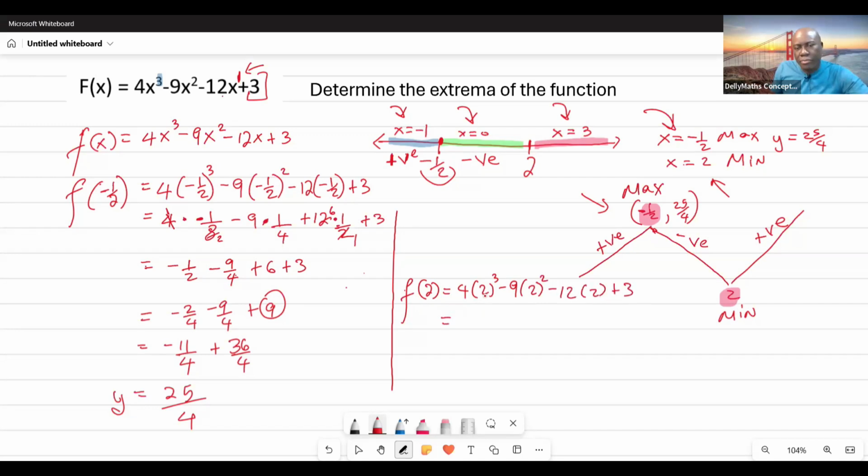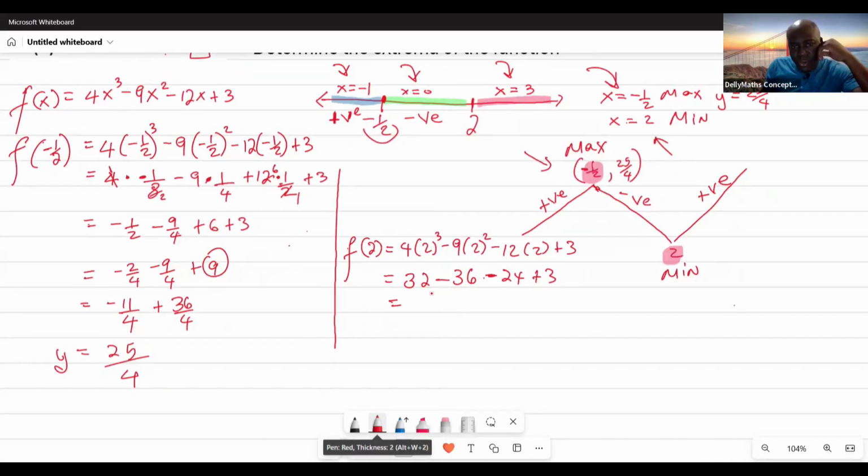What are we looking at? 2 to the third is 8, times 4, that's 32. 2 squared is 4, 4 times 9, which is negative, this is negative 36, minus 12 times 2, this is 24, and we're adding 3. So our 32 minus 36 is going to give us a minus 4, minus 24, that's minus 28. And then when we add 3, we're getting negative 25.